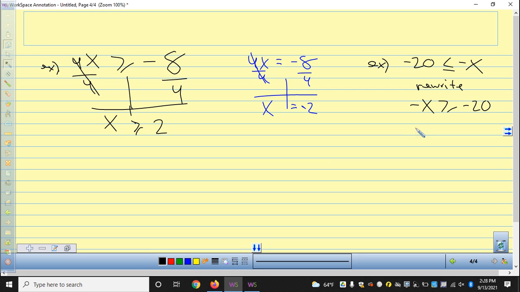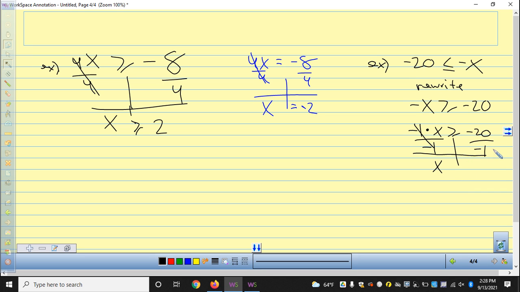Now I can think of this as negative 1 times x. It's greater than or equal to negative 20. How am I going to get this negative 1 away here? Divide by negative 1. These go away. Do I have to switch my arrow this time?